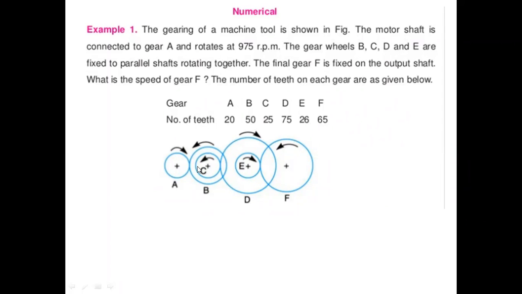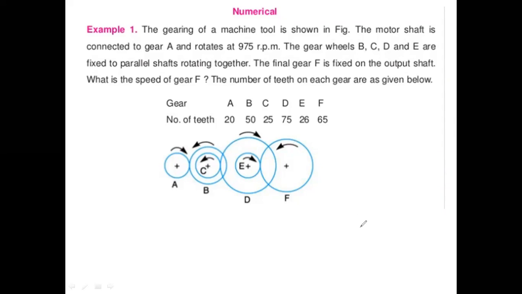If we see here, gear A is rotated in a clockwise direction and it is meshing with gear B. Therefore, gear B will rotate in an anti-clockwise direction. Both gear C and D are on the same shaft. Therefore, gear C will also rotate in an anti-clockwise direction.